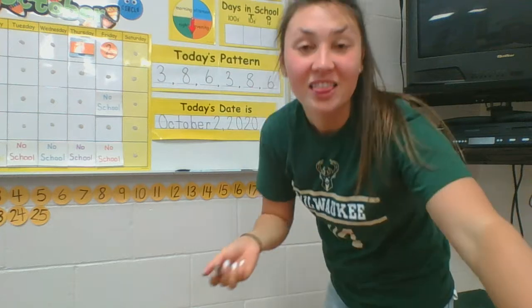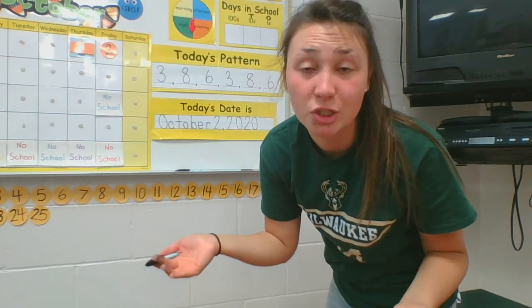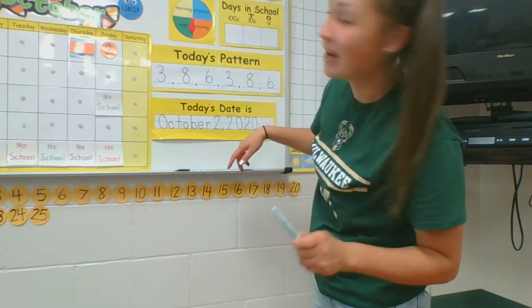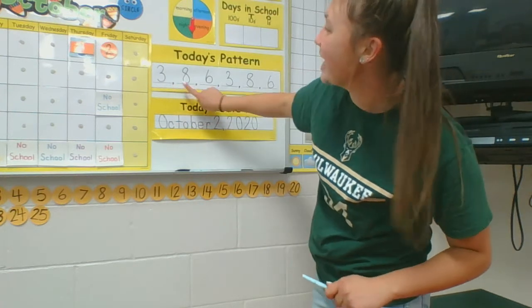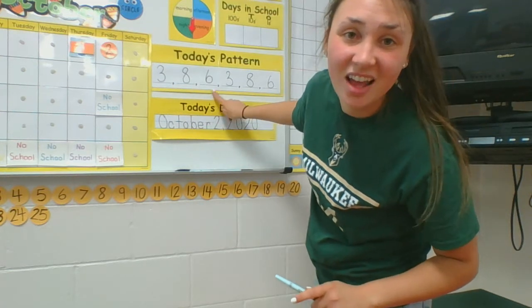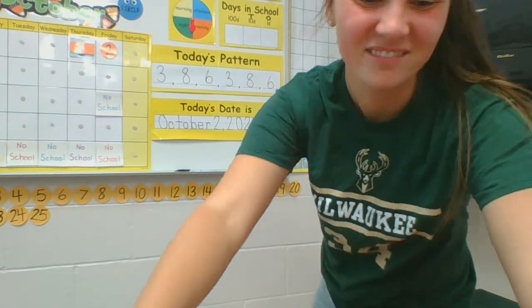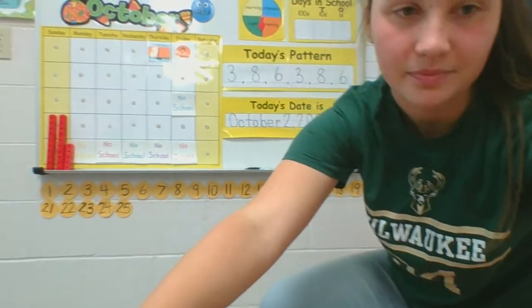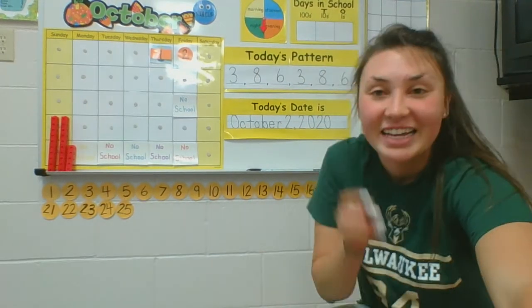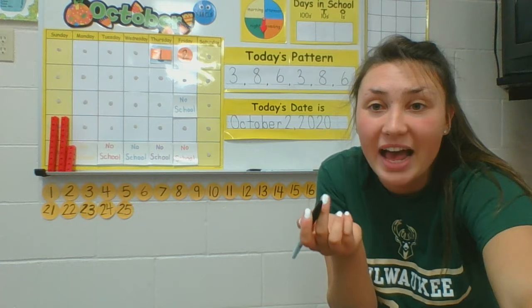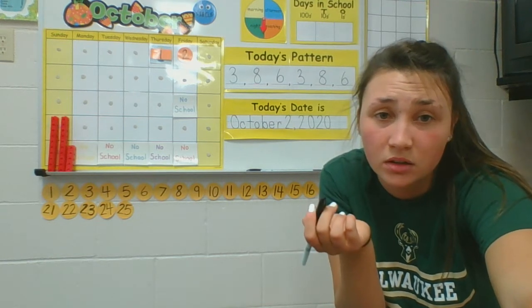All right, let's double check our pattern like we always do to make sure we have it right. Say it with me, ready? 3, 8, 6, 3, 8, 6. Good job, 5K. Let's move on to our days in school. Yesterday, we had how many days of school?